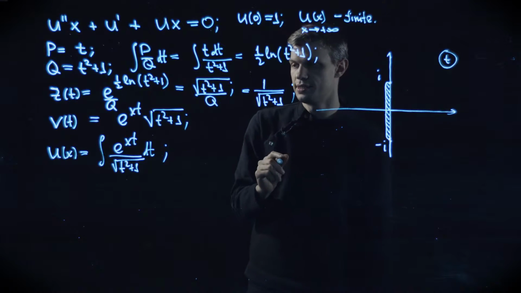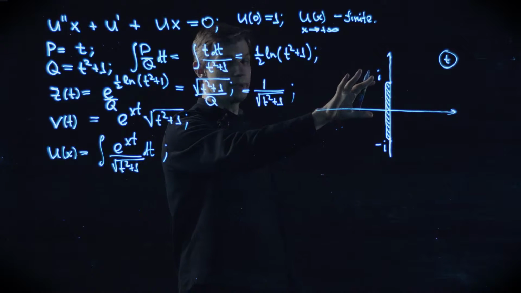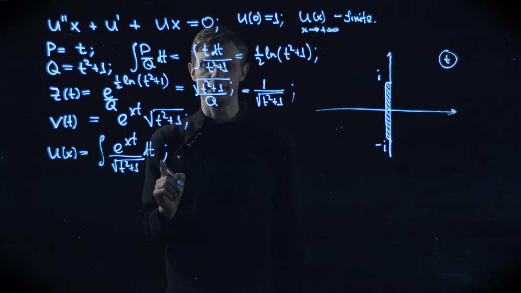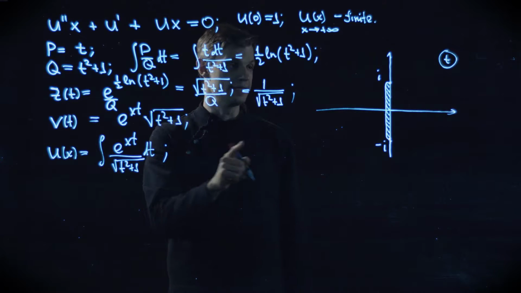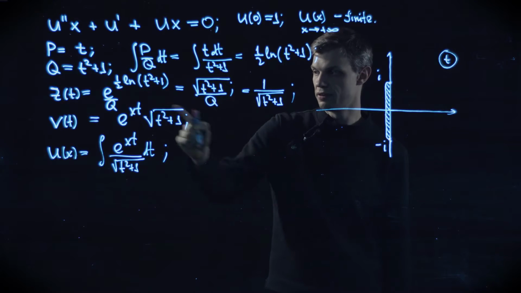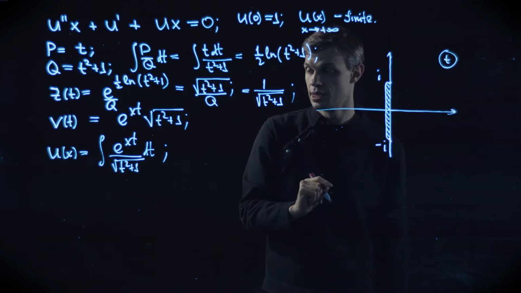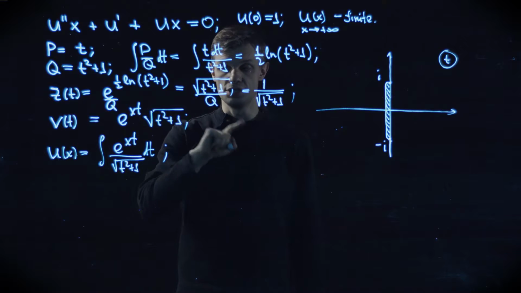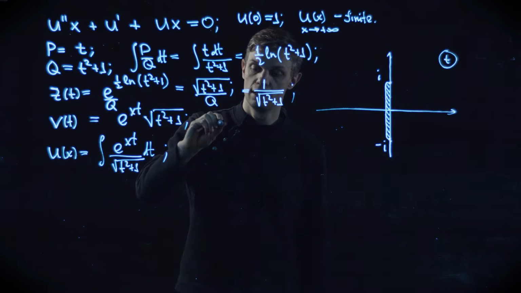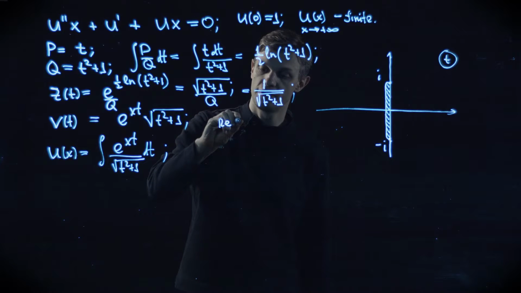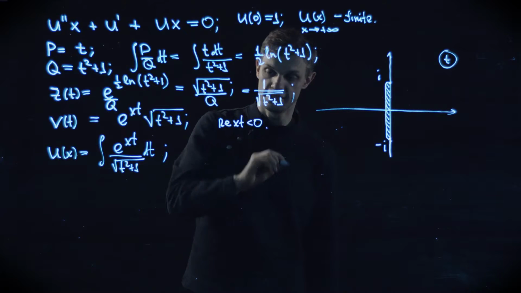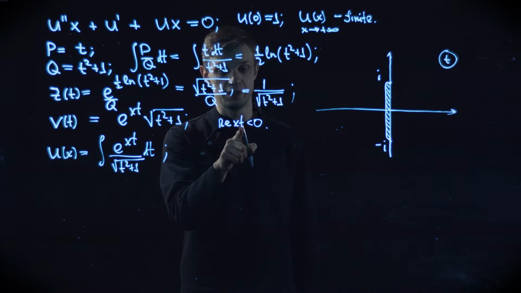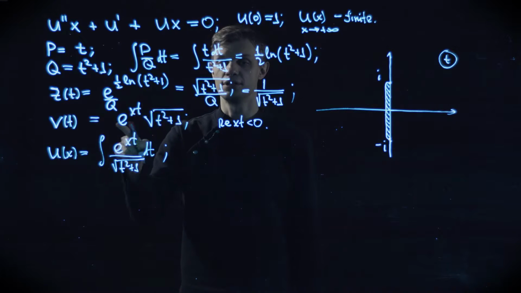The other peculiar thing that you notice: you always seek the points in the complex plane where your v function vanishes. There are at least 2 obvious points where it happens. These are the branch points, i and minus i. V vanishes at these points, right? But there are other ones. For example, if t is chosen such that the real part of xt is negative, then when t tends to infinity, when t becomes large, this exponential decays.